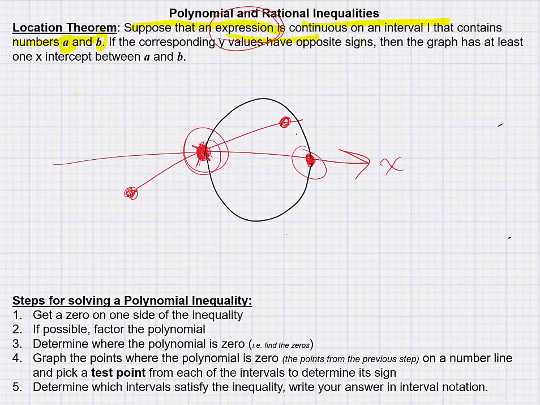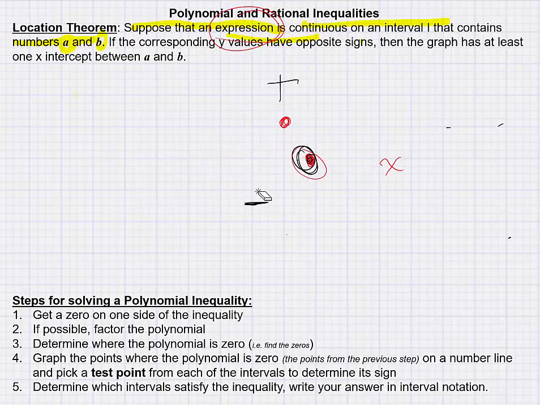Now what that tells me is that my y values between here and here are either all going to be positive or my y values are all going to be negative. But they can't be both, because if they're both positive and negative between here and here, that means my graph would have to have done something like this, in which case it would have to have crossed the x-axis again. But if these are the only two x-intercepts, that is impossible. So that's this idea of this location theorem.